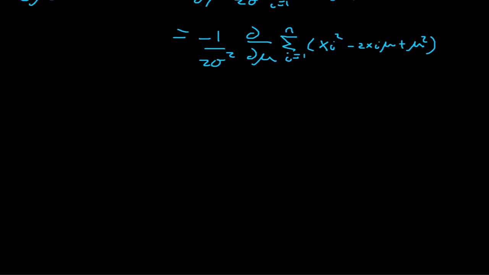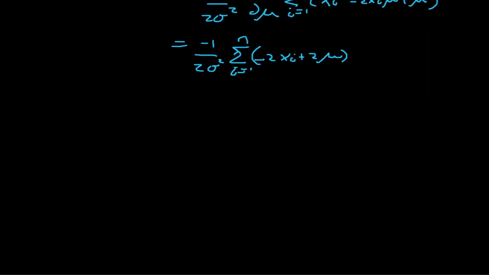And now we can easily take the first derivative with respect to mu, so this will still be equal to this, and of course xi raised to the second power will just be 0, so that term falls away, and this will be equal to minus 2xi, and of course this will be equal to plus 2 mu.